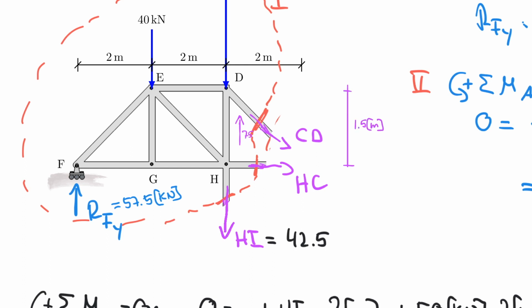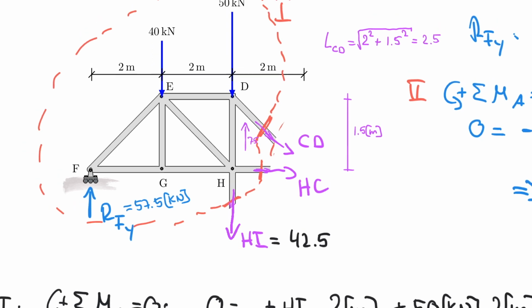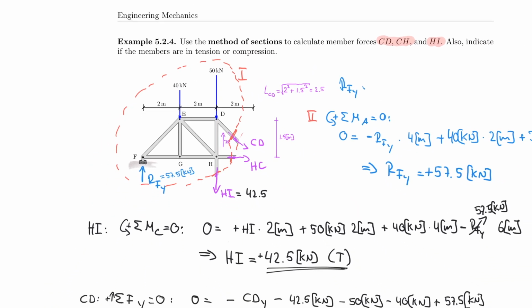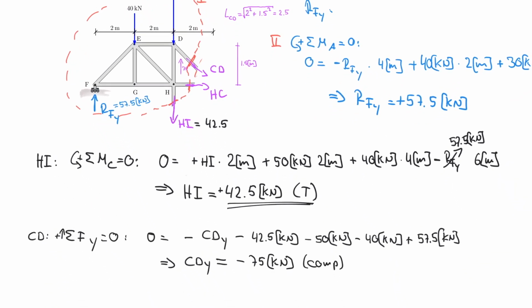And so my actual length of CD, LCD, is actually equal to 2 squared plus 1.5 squared, and then square rooted the whole thing, which I believe is equal to 2.5. So I have a length of 2.5, so I can use that now to use my triangular relationship, right?